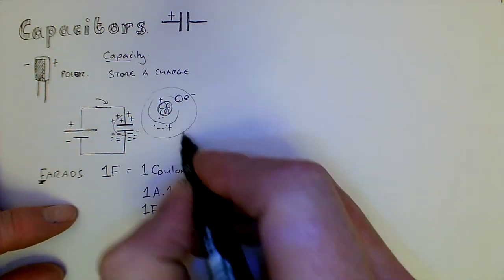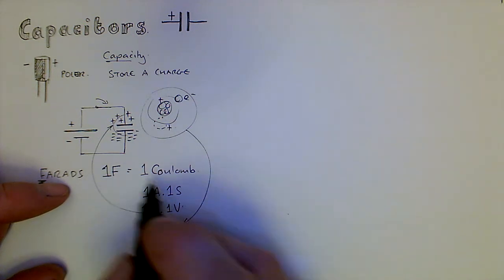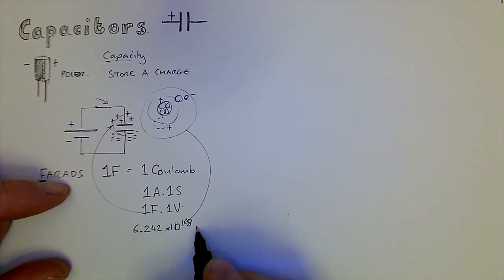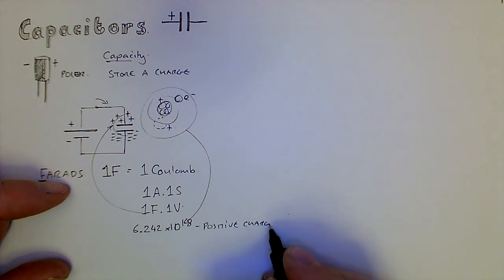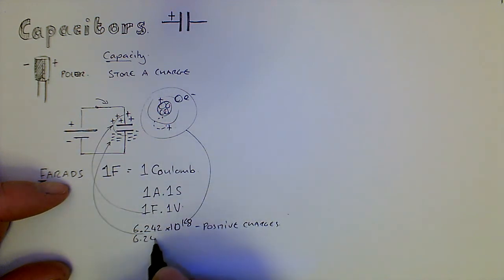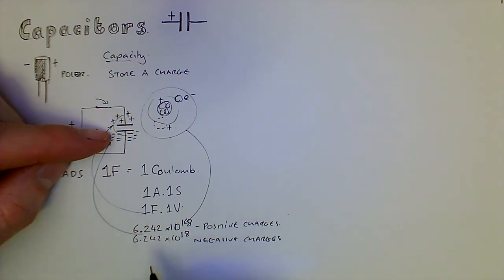Basically on the top we have 6.242 times 10 to the 18 positive charges for 1 farad, if you will. And on the bottom we would have 6.242 times 10 to the 18 negative charges. Bit like a battery, positive at one end, negative at the other.